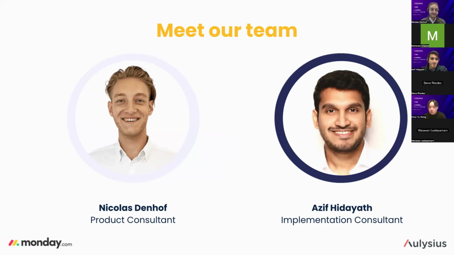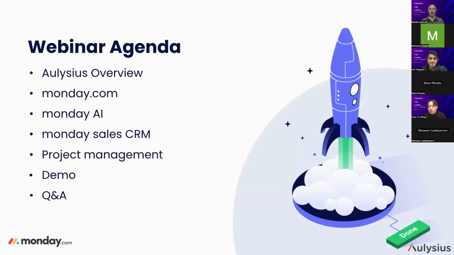Wonderful. Let's jump into what we'll be discussing today. Firstly, we want to highlight the work that we do for our clients in the realm of Monday. We'll give an introduction, or perhaps a reintroduction for a lot of people here, as to what Monday is. Then we want to highlight all the different AI features that already exist within Monday.